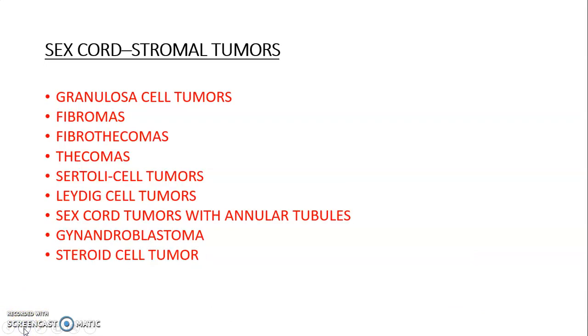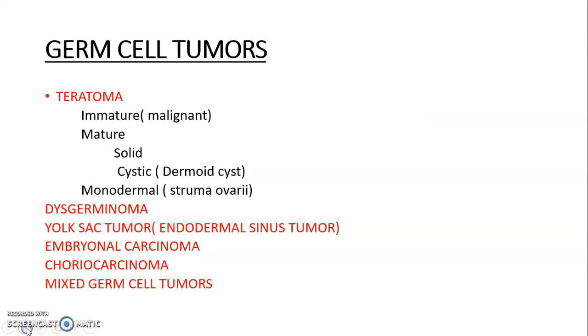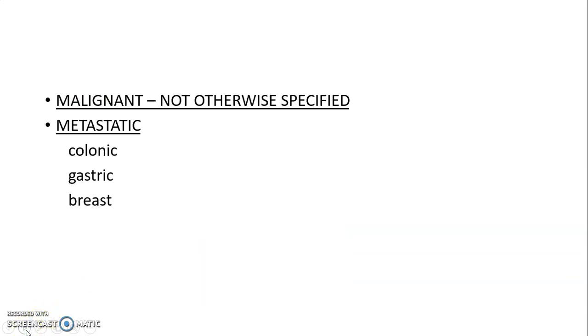Then sex cord-stromal tumors include granulosa cell tumors. This is an important tumor. Then fibroma, fibrothecoma or thecoma, Leydig cell tumor, Sertoli cell tumor. Germ cell tumors include teratoma, dysgerminoma. Dysgerminoma is the counterpart of the testicular tumor, seminoma. Yolk sac tumor, embryonal carcinoma, choriocarcinoma, mixed germ cell tumor. Malignant not otherwise specified tumors and metastatic.